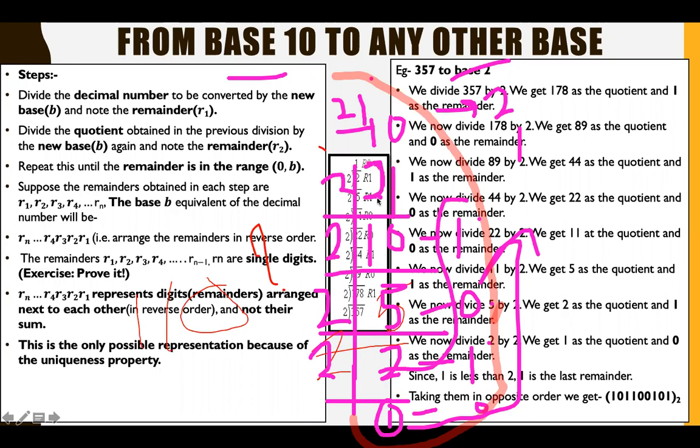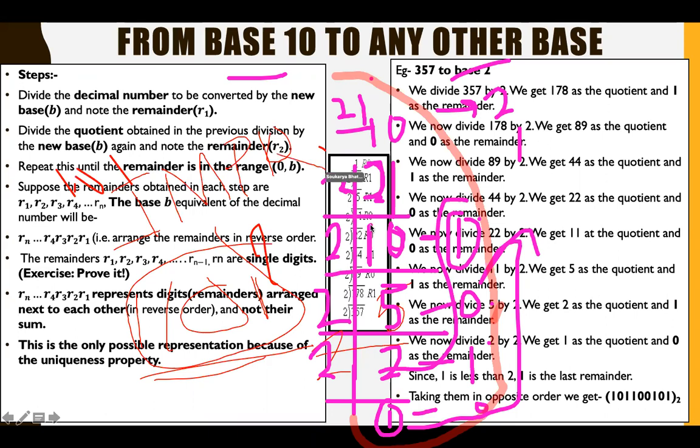You take the number 21 in base 10. You have to convert it into base 2. So you divide it by 2 and note the quotient. 21 divided by 2 gives quotient 10, and the remainder is 1. Note down the remainder. Then again divide the new quotient by 2. 10 divided by 2 gives 5 as the quotient, and remainder 0.